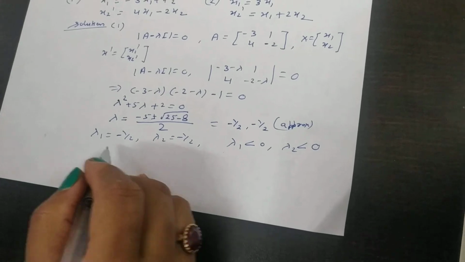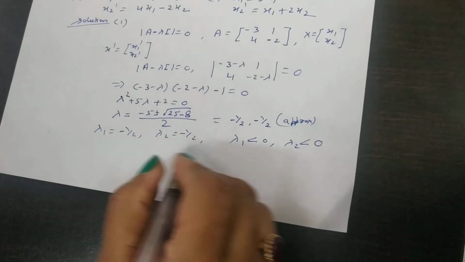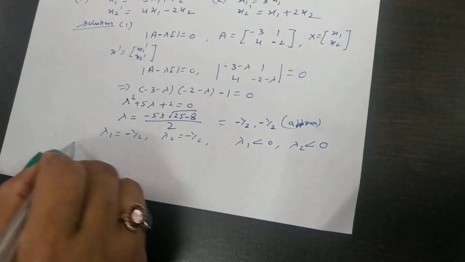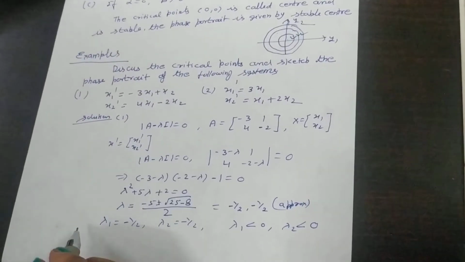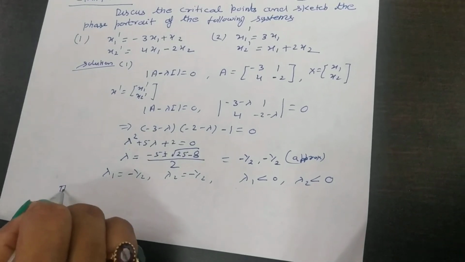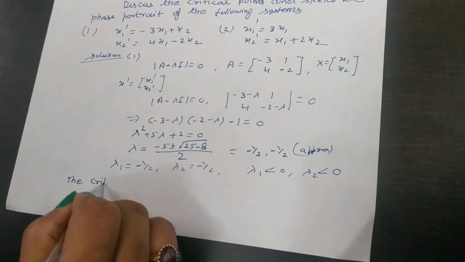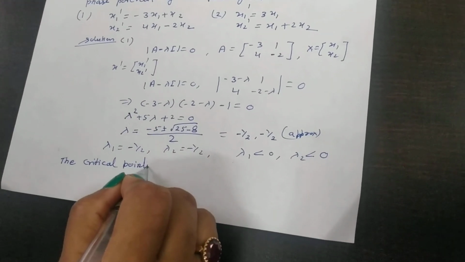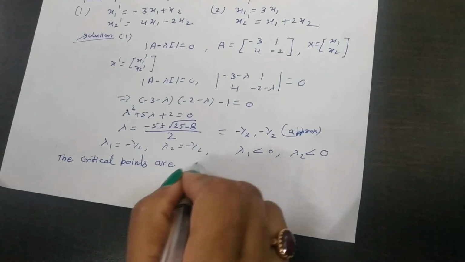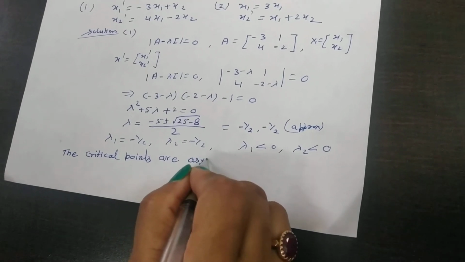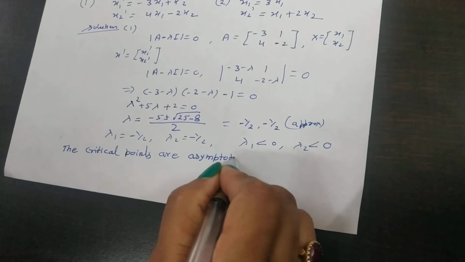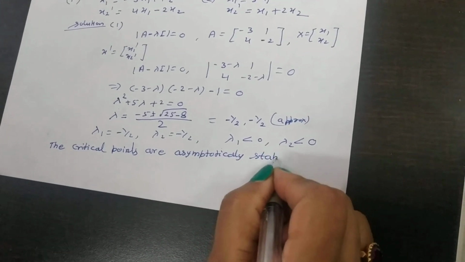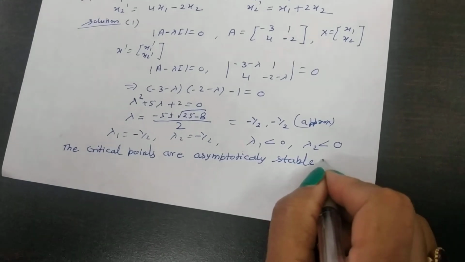From these roots, the critical point is an asymptotically stable improper node.